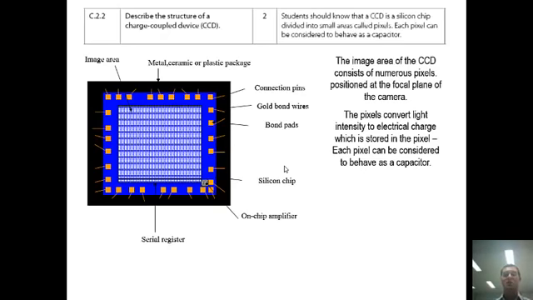So there's charge being stored on the pixel, very similar to the behavior of a capacitor, and that means that we can work out what the image is by processing this information. Okay, so let's look at this in a little bit more detail.